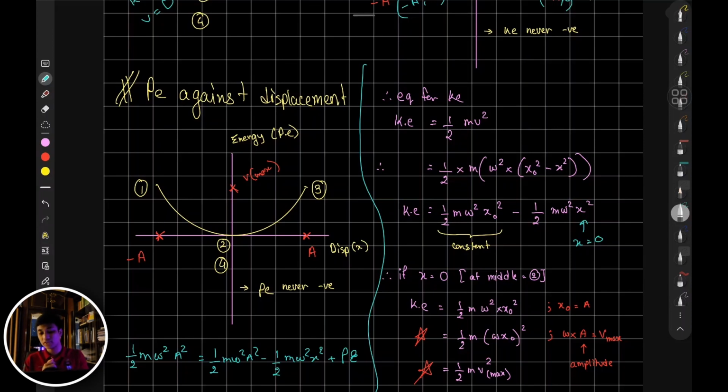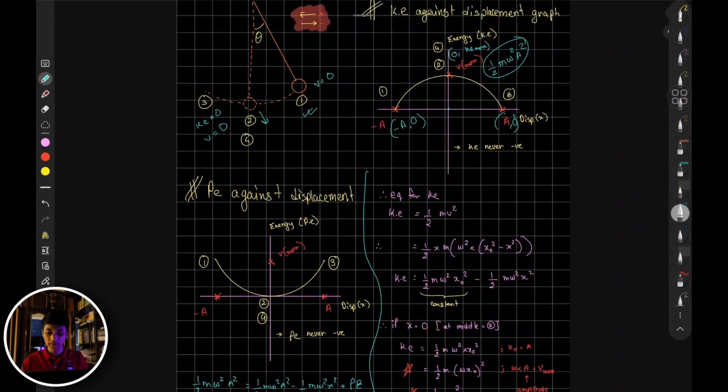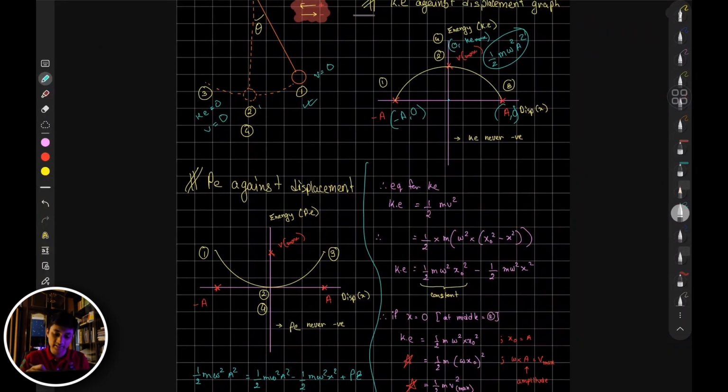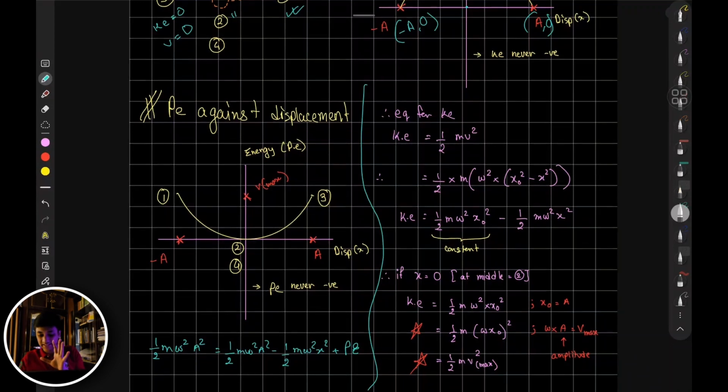Therefore, we know that at any point, the total energy is actually half m omega squared x naught squared. So at this point, potential energy is 0 and kinetic energy is max. All right, great. So that is how we're getting this maximum kinetic energy, and this is also the value for the total energy, which is constant throughout. Okay, I hope you understand that.